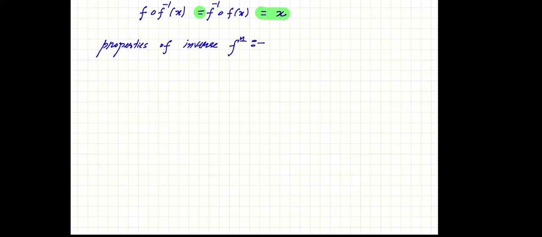Properties of inverse functions. Okay, first property. Who can tell me the first property? Is it f(x) equal to f inverse x?